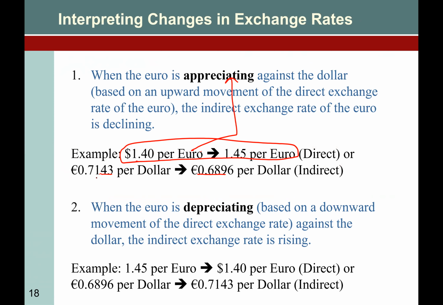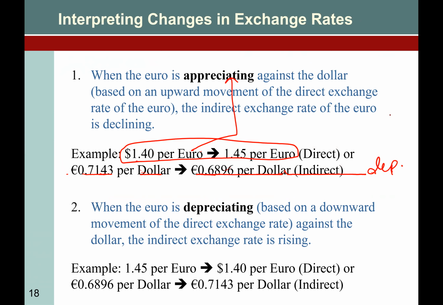so the explanation is going to be, previously in $1 we could buy 0.7143 euro, and now in $1 we can only buy 0.6896 euro. It means the dollar is depreciating.